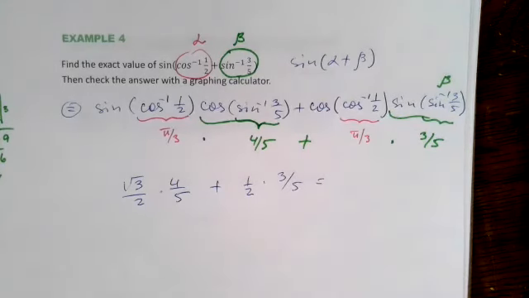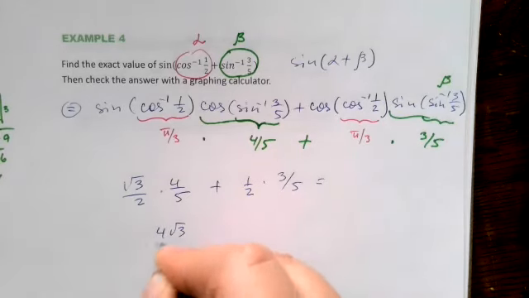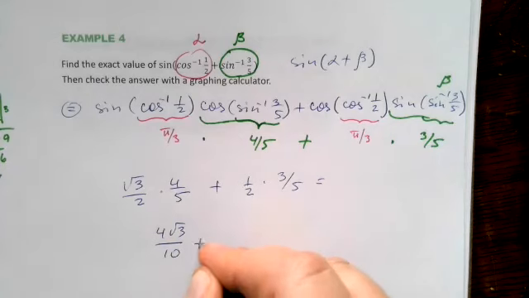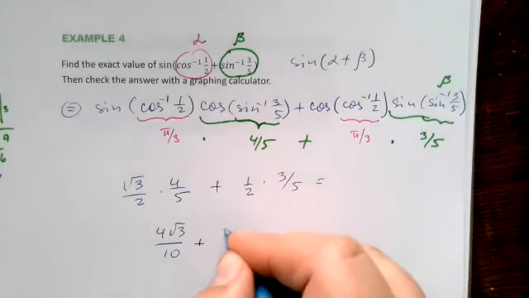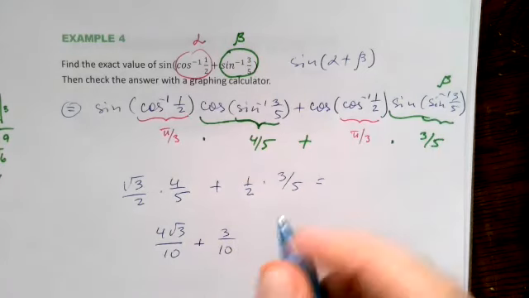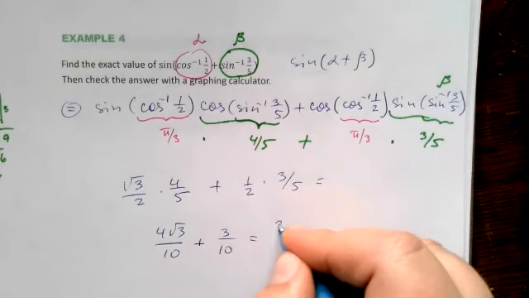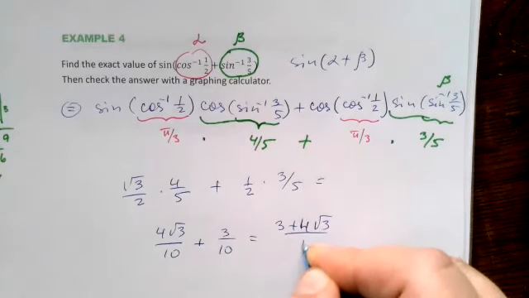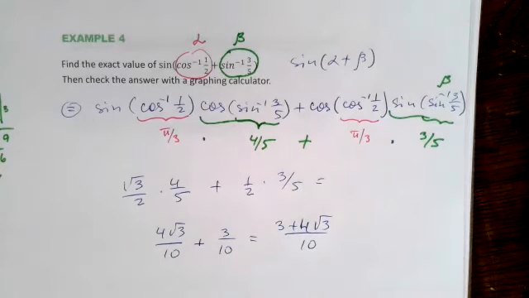What do we have? We have 4 roots of 3 over 10 plus 3 over 10. So in the end, our answer is going to be 3 plus 4 square roots of 3 over 10. And that's our answer to this problem.